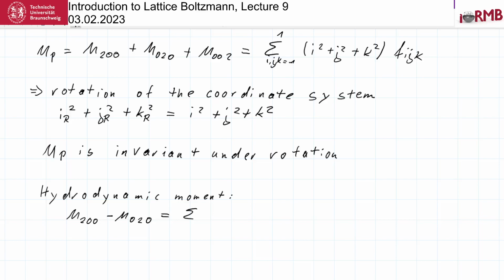This is equal to the sum over i, j, k equals -1 to 1 of i square, not plus, i square minus. So i square comes from the first, and minus j square comes from the second, f_ijk.